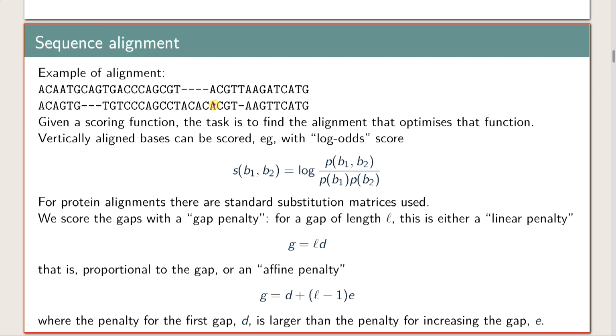And whatever is not vertically aligned, a dash basically means you've padded out one sequence to satisfy the alignment. The dashes don't actually exist in the sequence, but it's either that these 4 nucleotides got inserted here or they got deleted here.